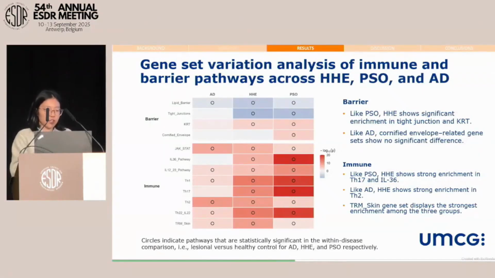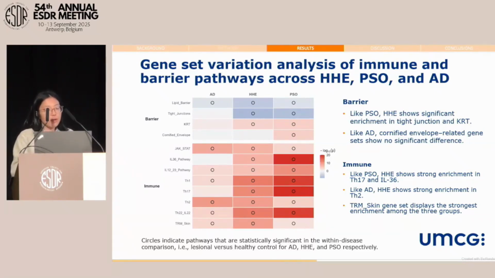Here is the heat map showing the immune and barrier pathways across hyperkeratotic hand eczema, psoriasis, and atopic dermatitis. About the barrier pathways, similar to psoriasis, hyperkeratotic hand eczema shows significant enrichment in tight junction and KRT-related gene sets. And similar to atopic dermatitis, cornified envelope-related gene sets show no significant difference.